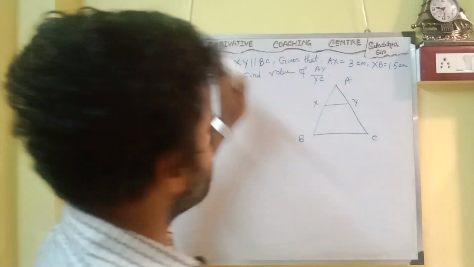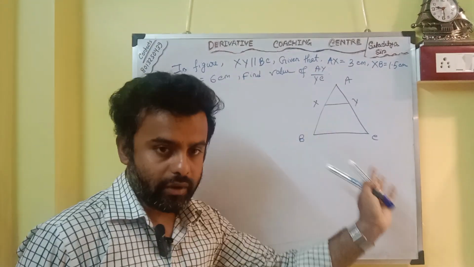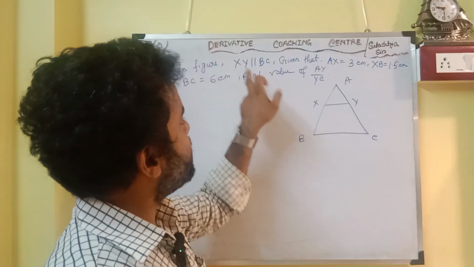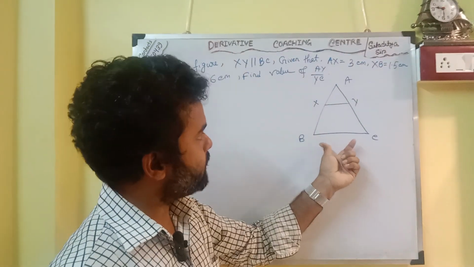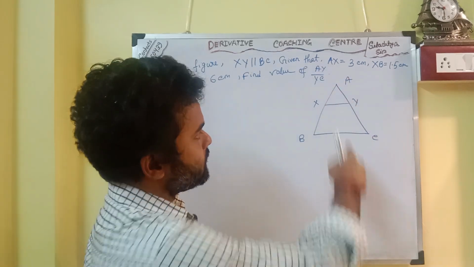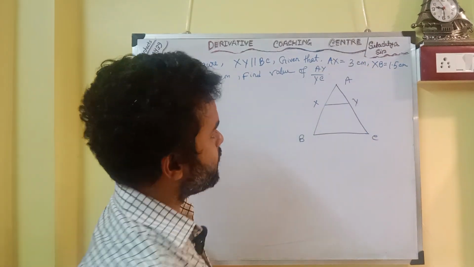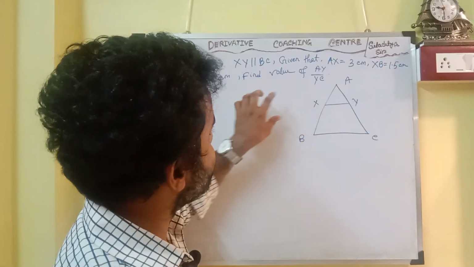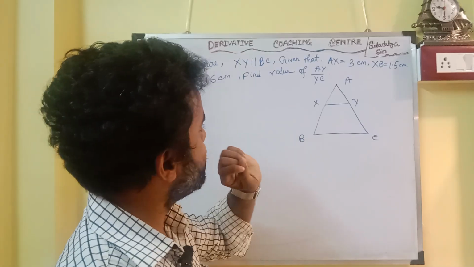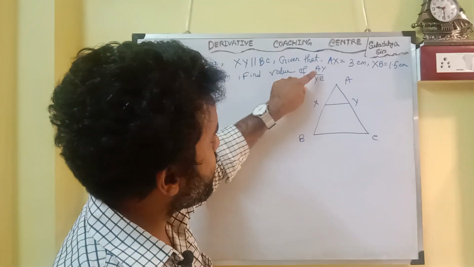Now another question. In the adjoining figure, the figure is already drawn over there. In the adjoining figure, XY is parallel to BC, and the length of AX is 3 centimeter, XB is 1.5 centimeter, and BC is 6 centimeter. Find the value of AY by YC.